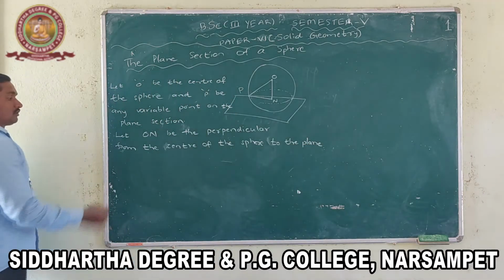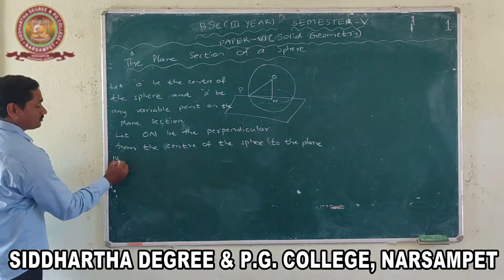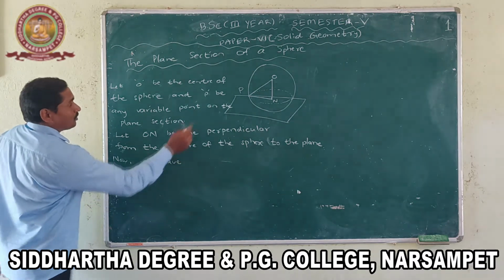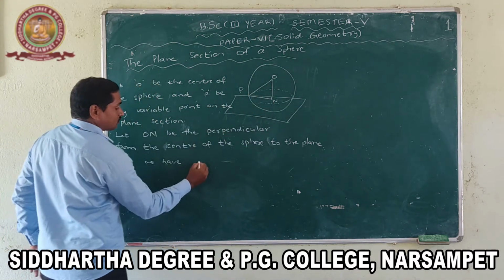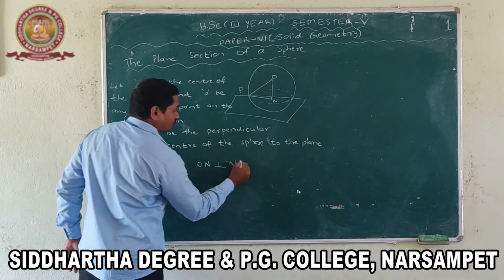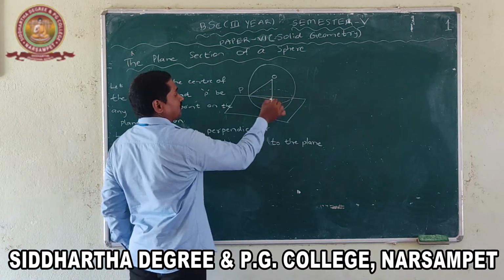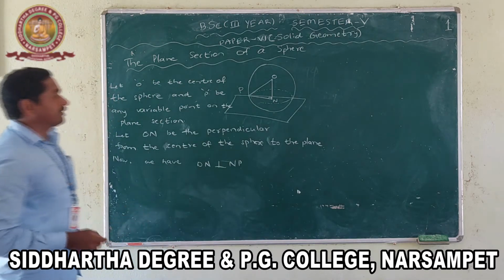Then we have ON perpendicular to NP. So ONP is a right angled triangle, where the right angle is at N.